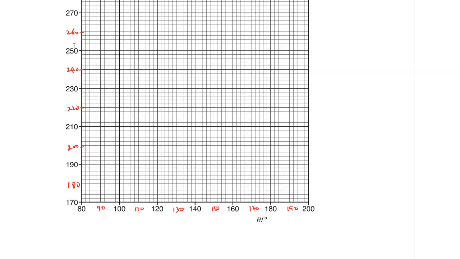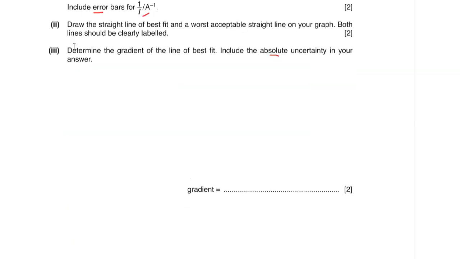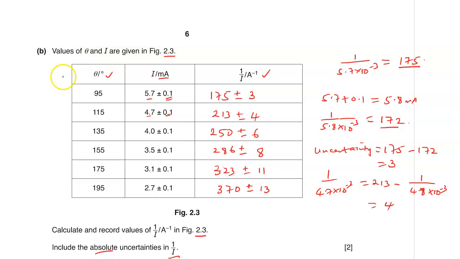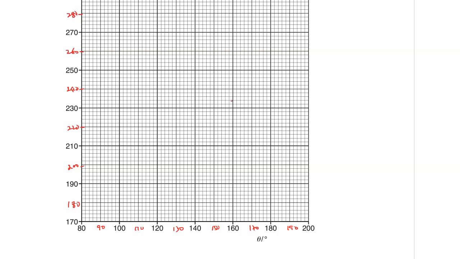So let's do the plotting. The first value is 95 on the x-axis, and 175. So 95 is here. That is 95. Then 175. This is 170. This is 180. So 175 is there. Use crosses to do your plotting.